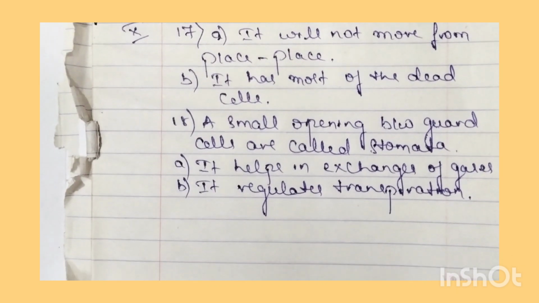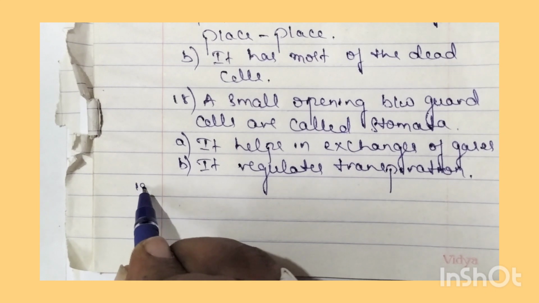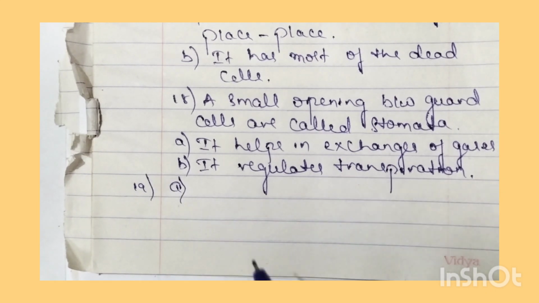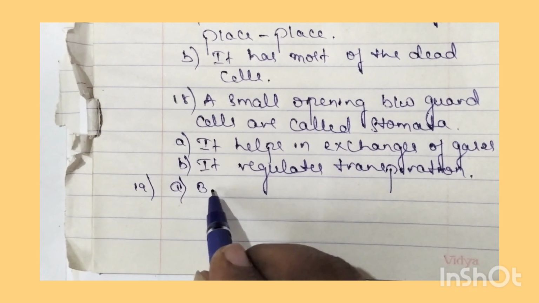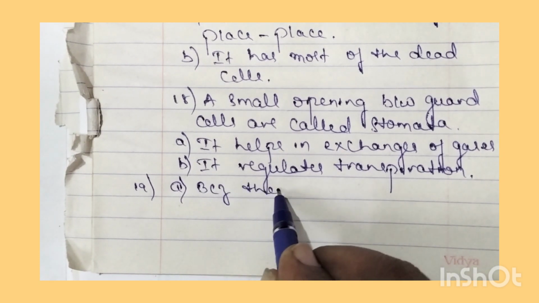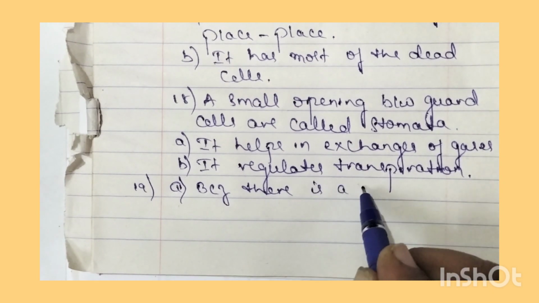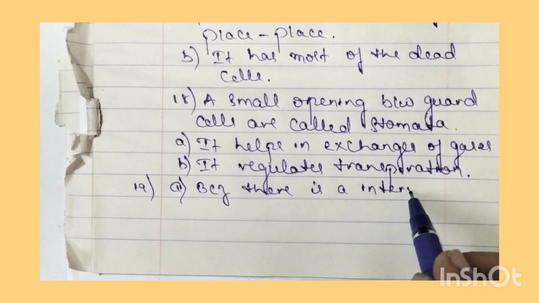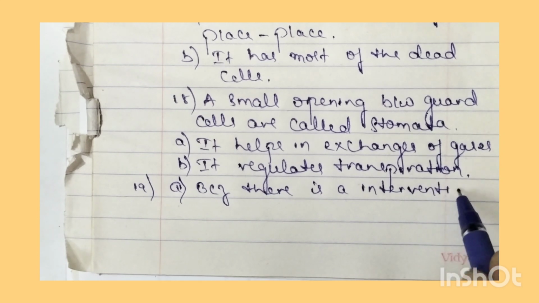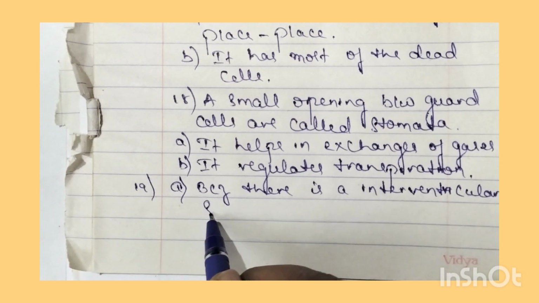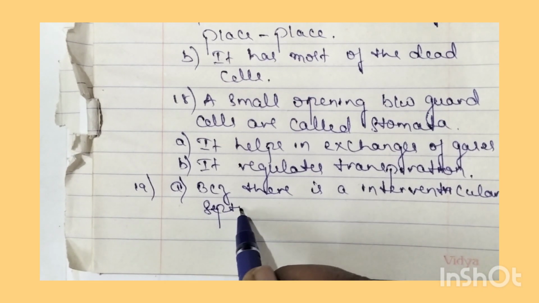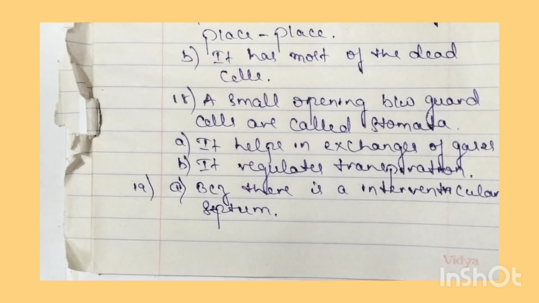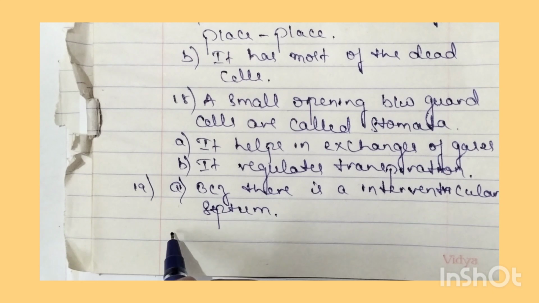In the first, there is no mixing of carbon dioxide and oxygen blood in the human heart because there is an interventricular septum. Because of the interventricular septum, oxygenated and deoxygenated blood will flow separately.